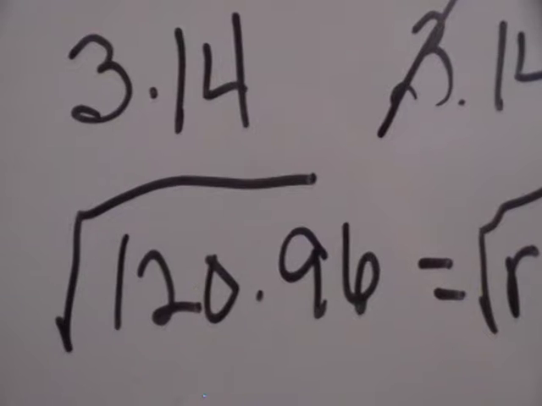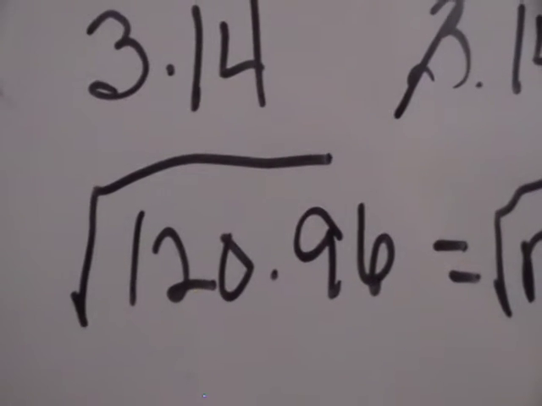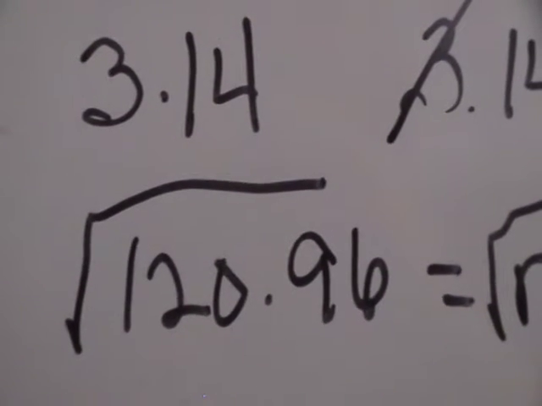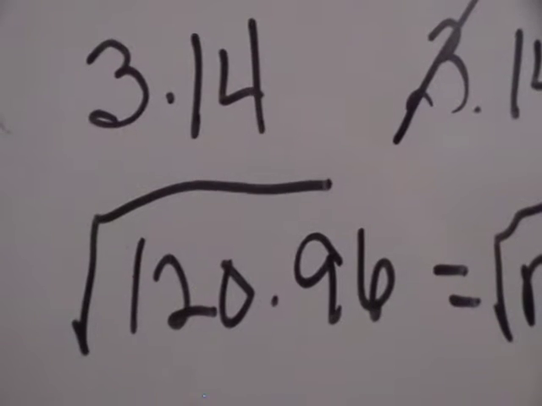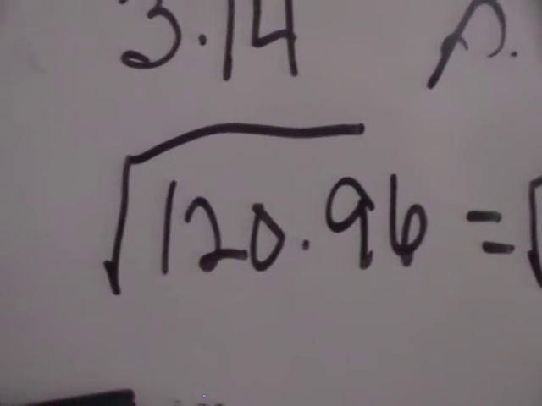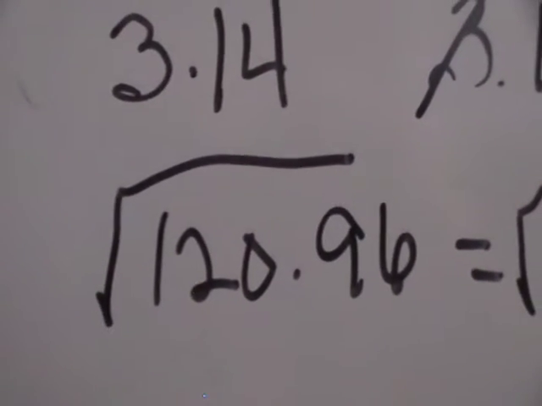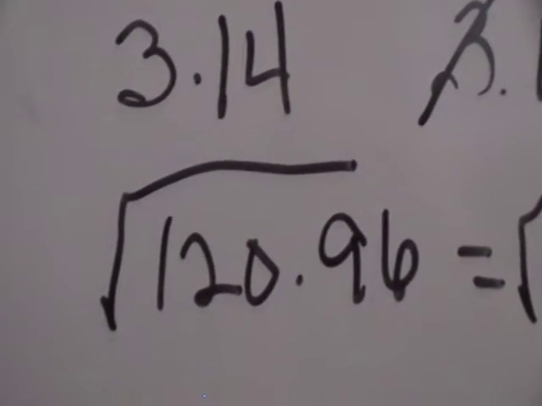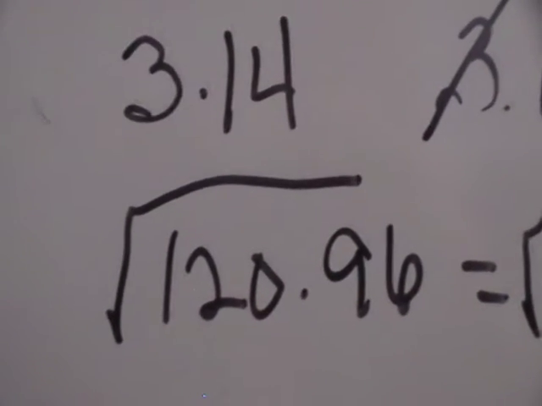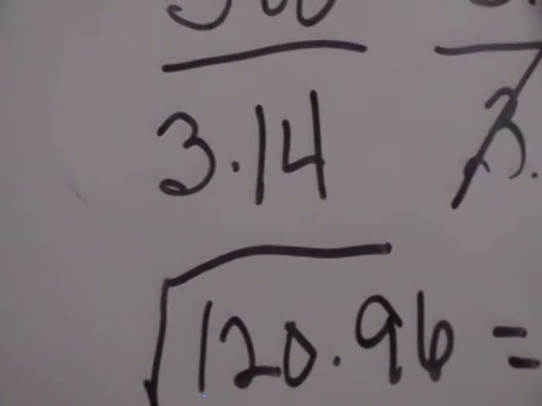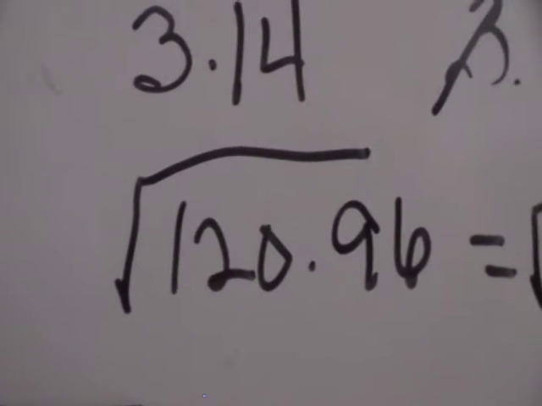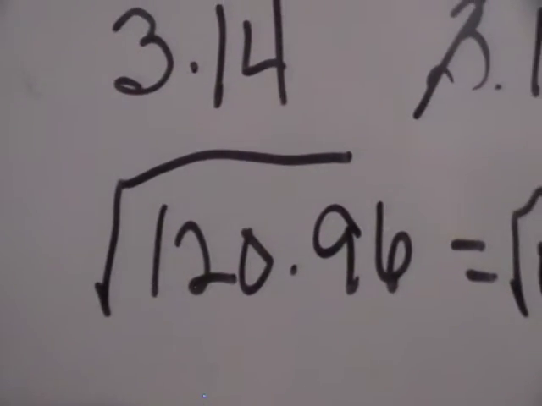Number 5 is 28 centimeters squared. And number 6 is 113 feet squared. Now, if you've gotten those wrong, I'd like for you to email me, let me know, so that I can maybe send you some additional practice problems.